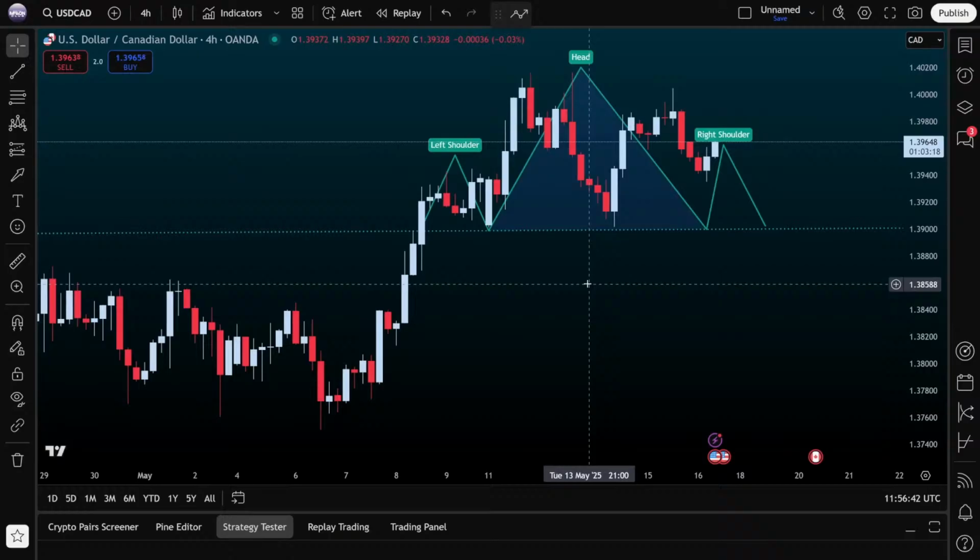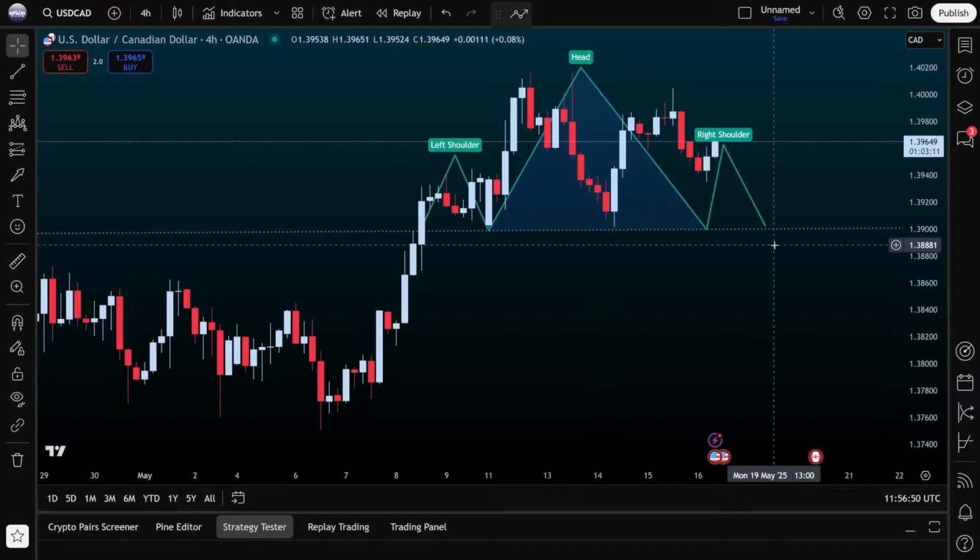Okay, so now if the price breaks below my right shoulder, that's a very good sign that this upward move has been negated, and now the price is going to move lower. So now you have two possible scenarios.